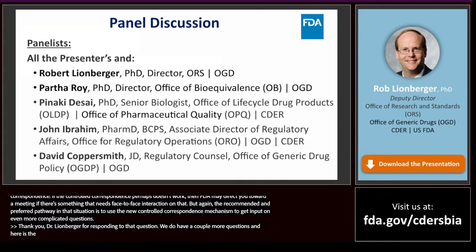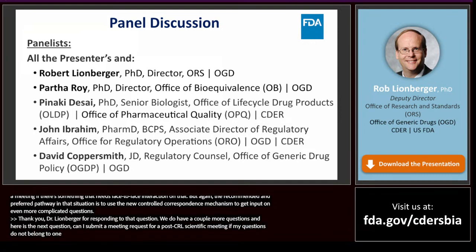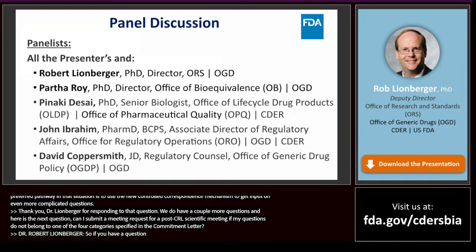Can I submit a meeting request for a post-CRL scientific meeting if my questions do not belong to one of the 4 categories specified in the commitment letter? So if you have a question on a complex product, you can always submit a control correspondence.